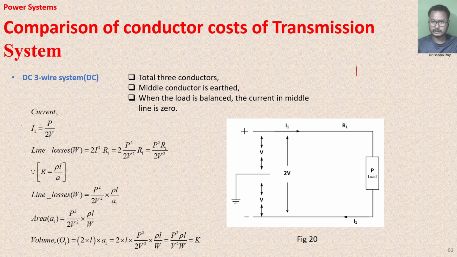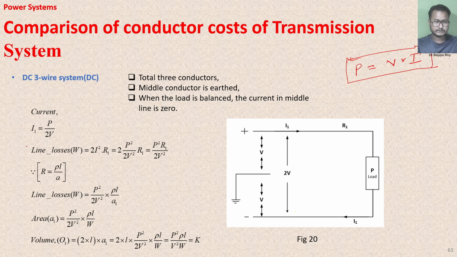We know power P is equal to V into I, so I is equal to P by V. But here I is equal to P by 2V, because in the circuit you can see three conductors. Here the voltage is V and between the other two conductors also voltage V, so the total voltage is 2V. That's why it is 2V.